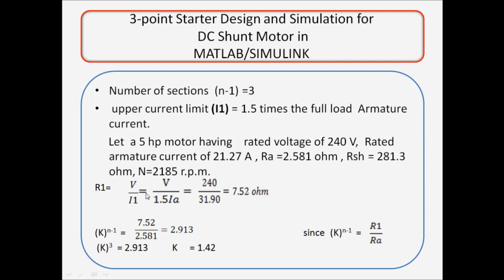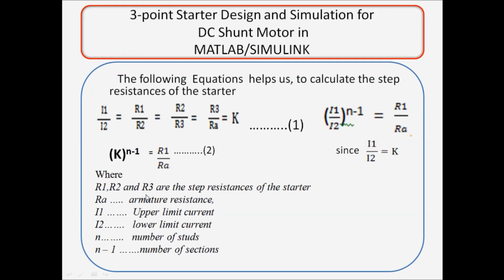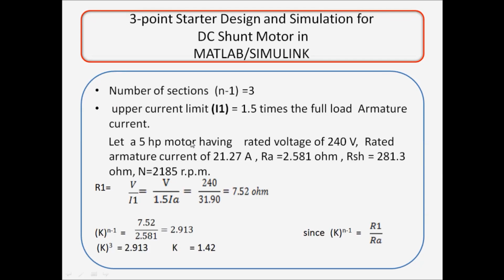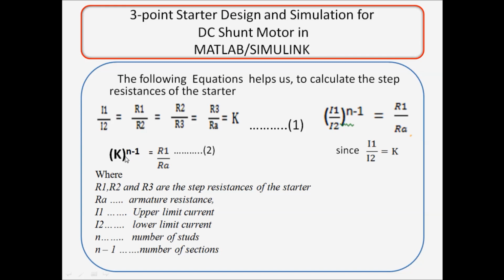First we need the K value. Once you know the K value, we can get the step resistor values easily. So I am using this formula to calculate K value: K power n minus 1 equals R1 by RA.